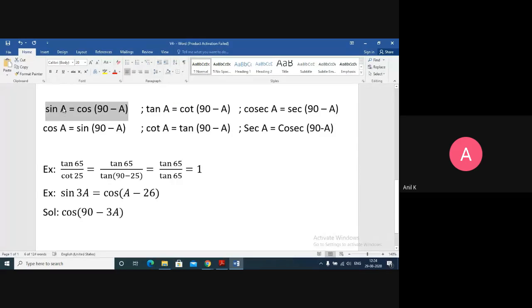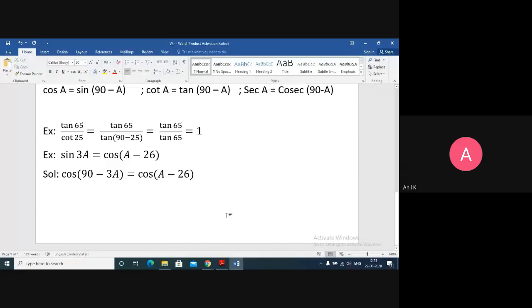But in place of a, here I have 3a, so here also I have to keep 3a. Now the RHS you keep as it is. Do not disturb it. I am saying this with stress because students make that mistake. They apply the formula to both, and they will not get the answer.